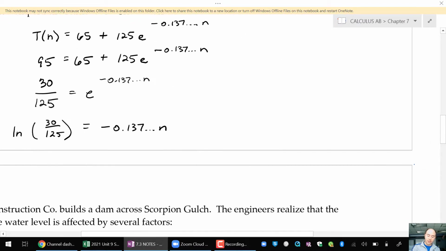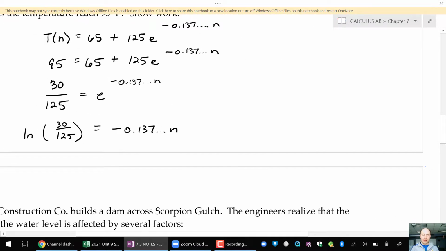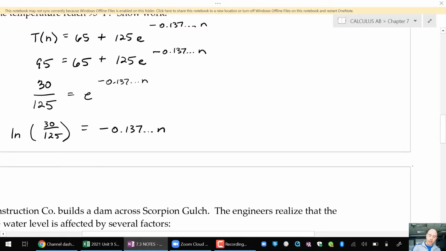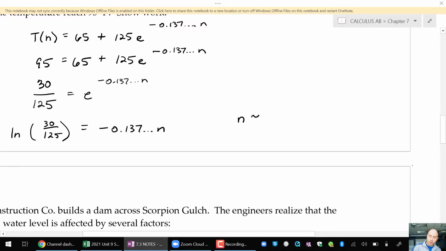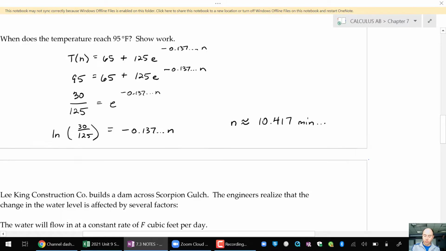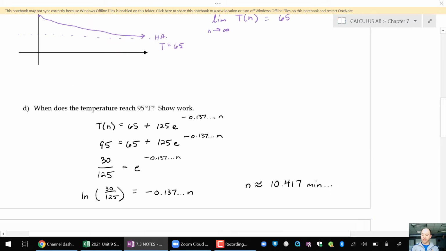And then I can find a solution for n, just divide both sides by that decimal number there of negative 0.137218, and n should be approximately equal to, check that on your calculators, 10.4 minutes or 10.417 minutes, depending on kind of where you rounded your decimal answer solution.